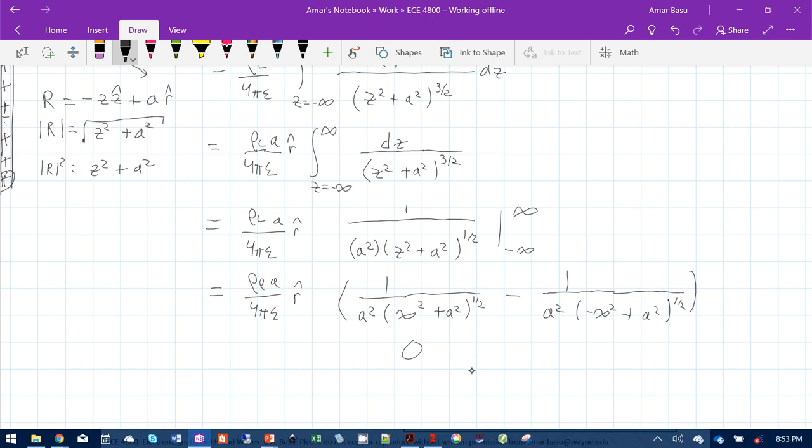Oh, hold on. I missed something. I missed the numerator term. It's z over the square root. Well, again, L'Hopital's rule, lazy engineer. What's infinity over infinity squared?